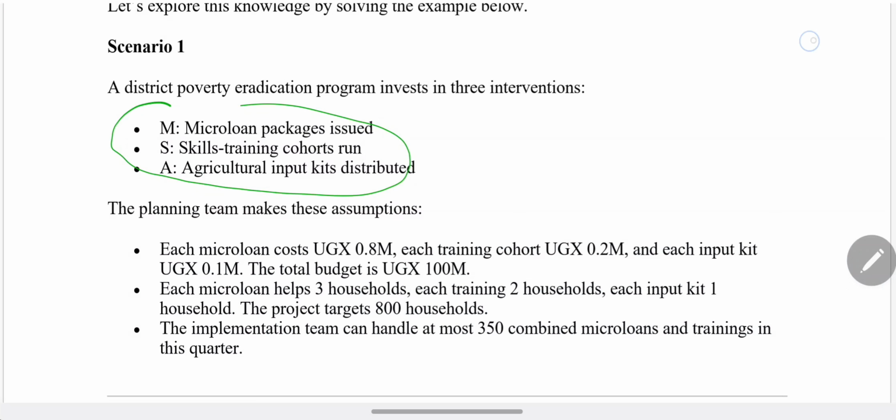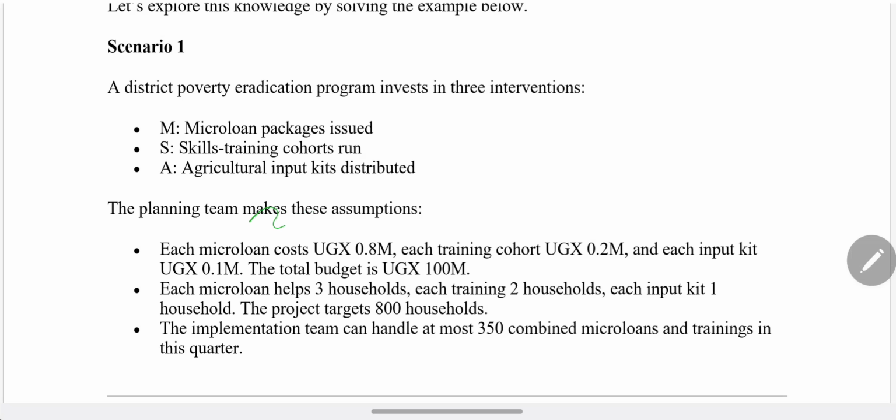Each micro loan helps 3 households, training helps 2 households, and the input kit helps 1 household. The project targets 800 households, and the implementation team can handle at most 350 combined micro loans and trainings in this quarter.